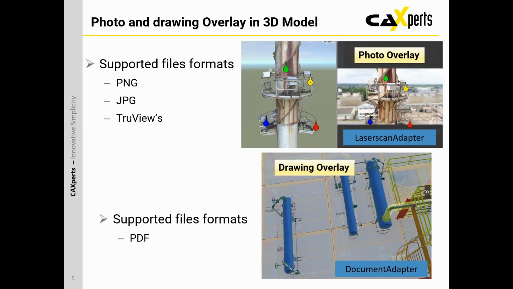Another unique possibility to enrich or link 3D model data with further information is the overlay of photos or drawings. Photos from a cellular phone or a 360-degree camera can be easily integrated here.